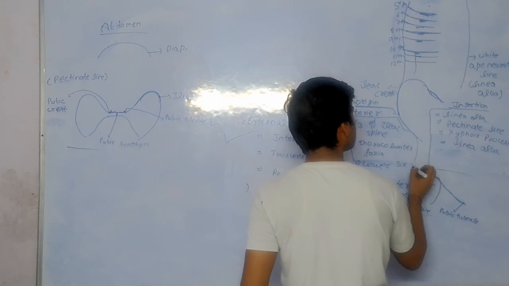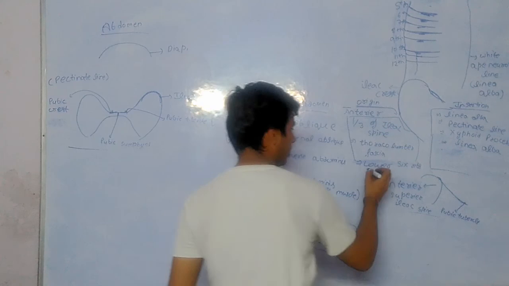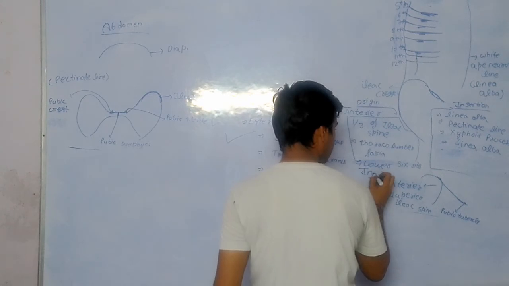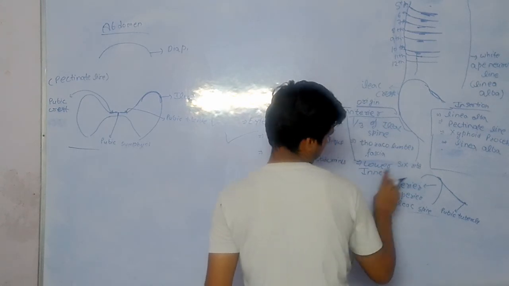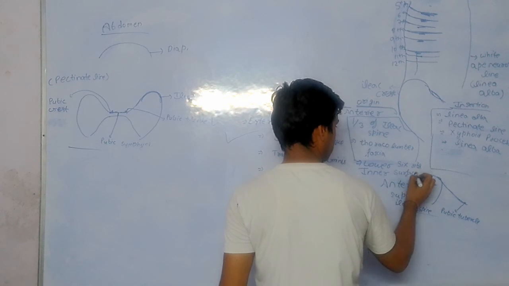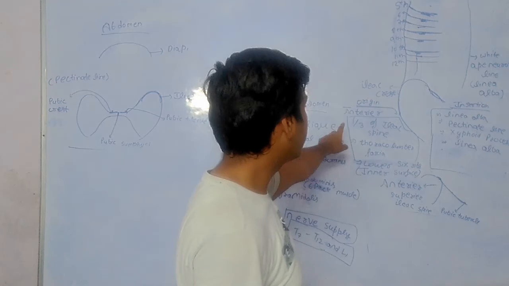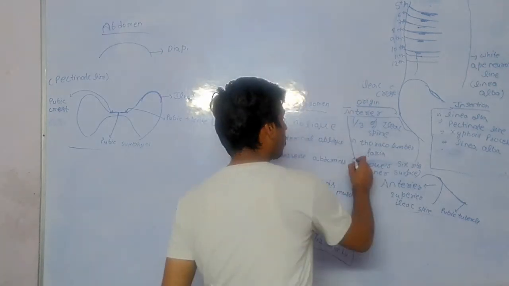Lower 6 ribs, inner border, inner surface. Remember this: inner surface. So the origins are the 1/3 of iliac spine anteriorly, thoracolumbar fascia, and lower 6 ribs.